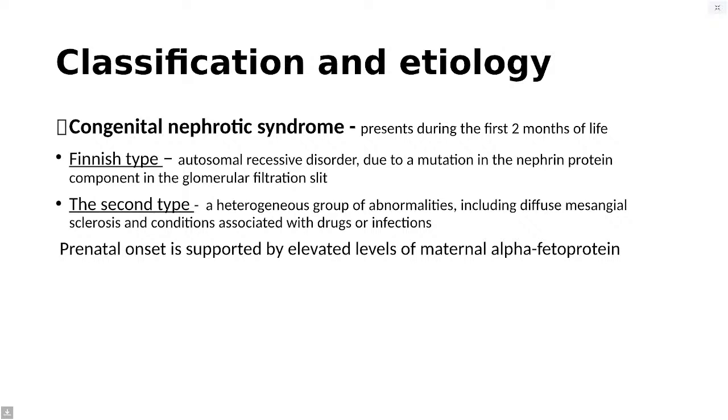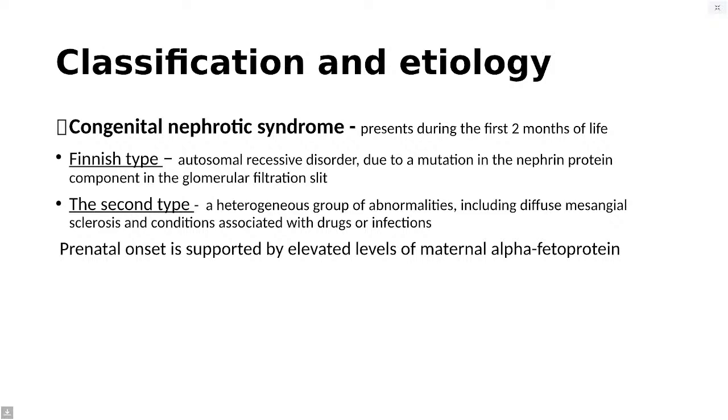The second big group is congenital nephrotic syndrome. This disorder presents during the first 2 months of life. Two types: Finnish type, and the second type. The Finnish type is autosomal recessive disorder due to a mutation in the nephrin protein component in the glomerular filtration slit.